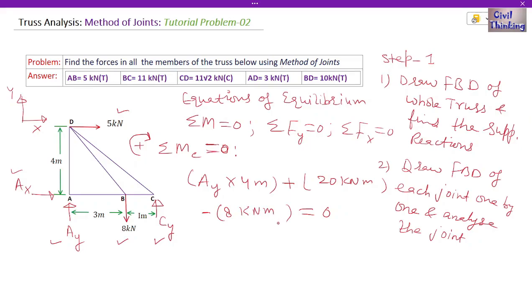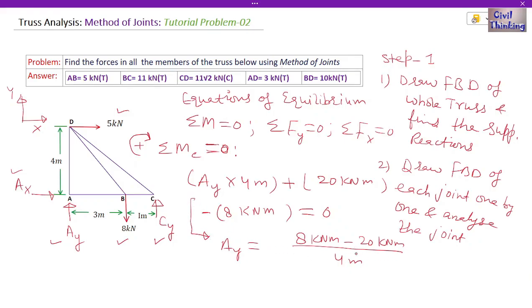So AY is equal to 8 kilonewton meter minus 20 kilonewton meter divided by 4 meter, right? I have rearranged this equation.